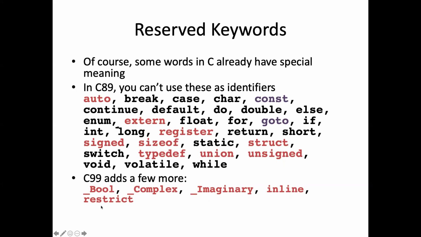Learning this list is pretty easy because all the ones in black are the same as in Java. So break, case, char, default, do, those are all reserved words in both languages. Only these red ones are unique to C. So auto and extern and register, you might want to pay attention to those because you didn't have those in Java, but they are reserved words in C.